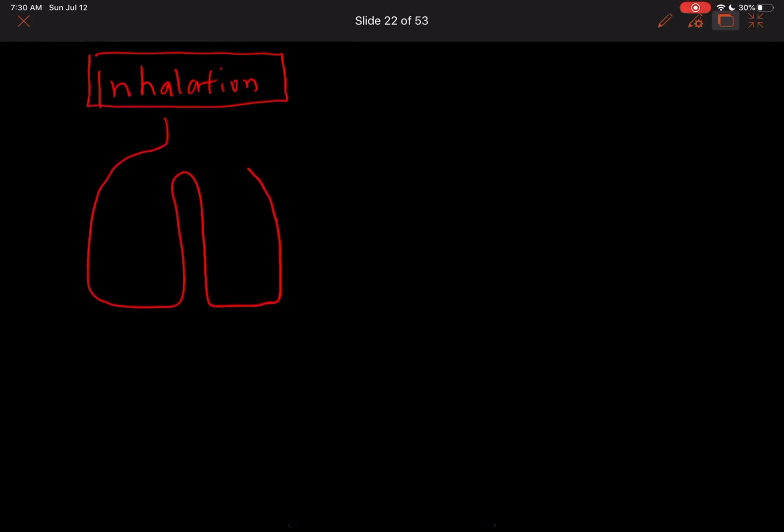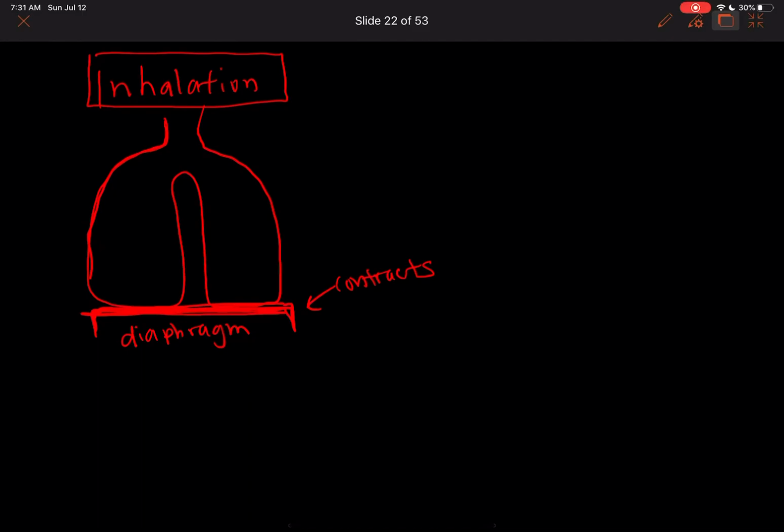So this is inhalation. Okay, here are your lungs. Your lungs are sitting on a muscle called the diaphragm. When you're doing inhalation, your diaphragm contracts and flattens out, which allows your lungs to expand to a larger size.